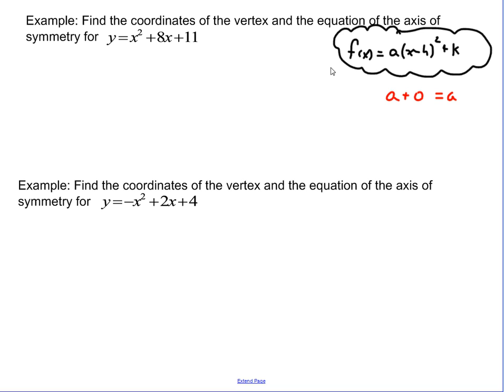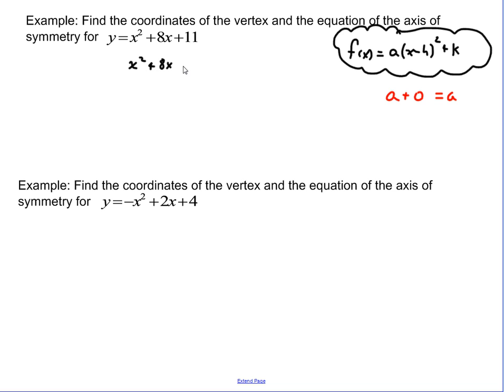What we want to do, notice that we have x minus h squared. Usually when we have that, it comes from a perfect square trinomial, right? x minus h squared means x minus h times x minus h, and we'd get a nice trinomial. We don't have a perfect square trinomial here, but if I had x squared plus 8x, I could complete the square. I would get a perfect square trinomial if I took half of 8, squared it, and added it to the end, right?